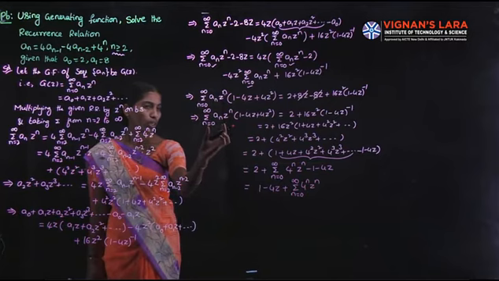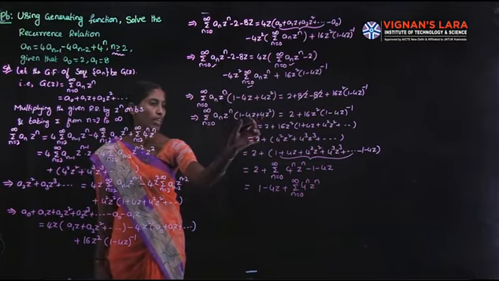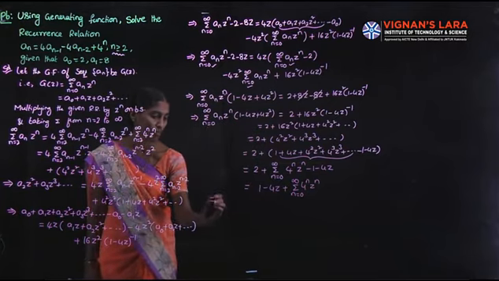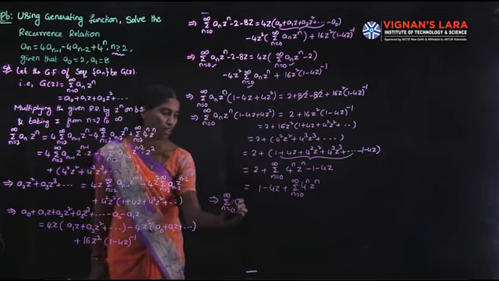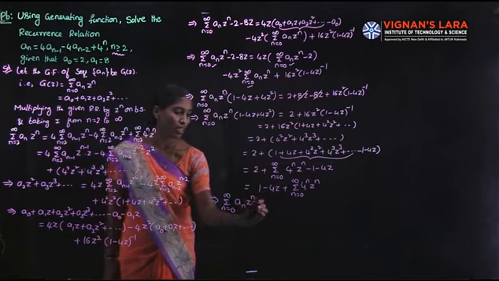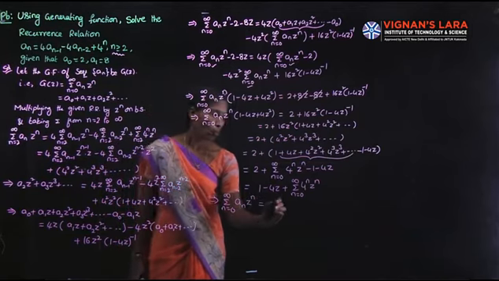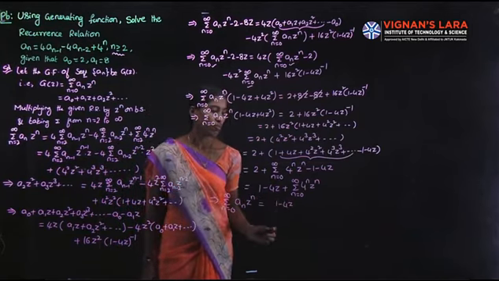Now write only this summation and take this term to RHS. It becomes sigma n equal to 0 to infinity a_n z^n is equal to 1 minus 4z.